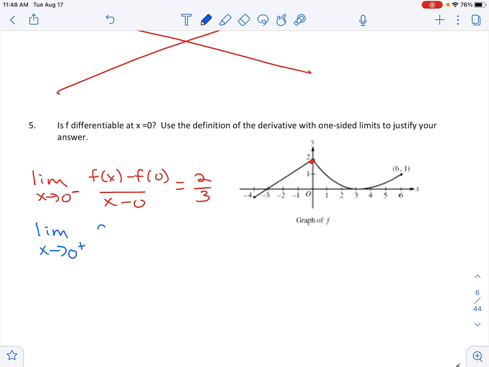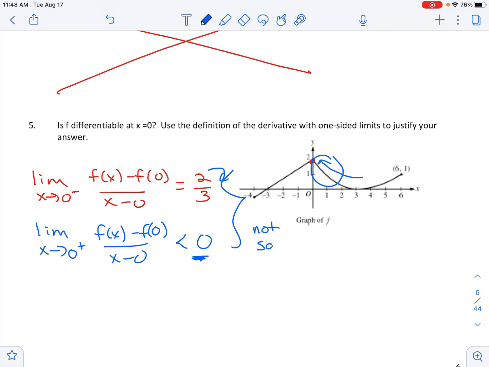So as I approach 0 from the right side, notice that the slope is always negative. So this is a number less than 0. So it doesn't matter actually that this was 2/3, we just knew it was positive. And we're not going to be able to find the exact value of this, but I can tell as I approach that graph, it's always negative, so these are not the same. That's why it is not differentiable at x equals 0.